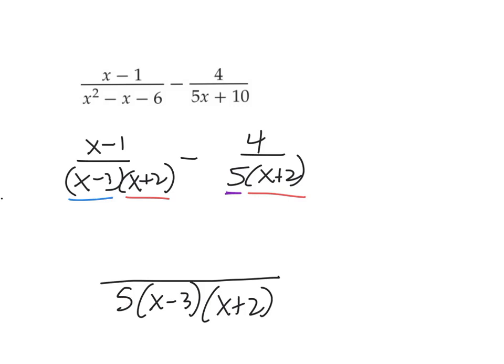A 5. So really what I'm going to do is I'm going to multiply top and bottom times 5, because that's what's missing from the denominator, right? What about over here? What's missing from this denominator that this denominator has? X minus 3. So that makes sense now what I'm talking about, what's missing?